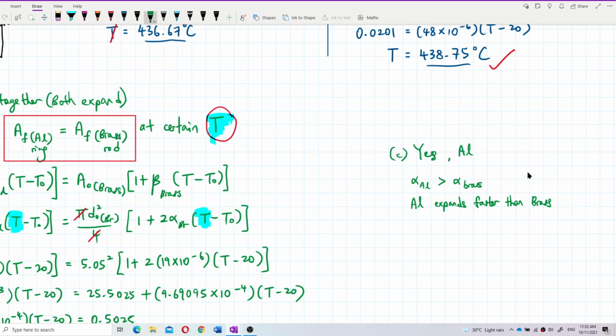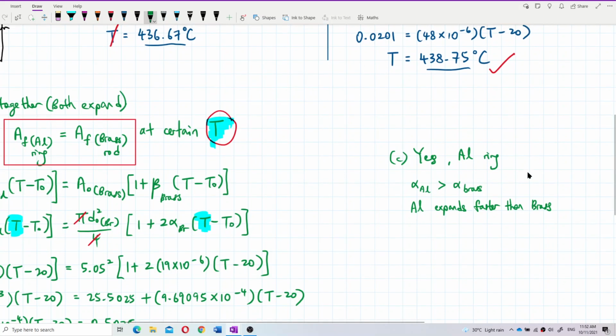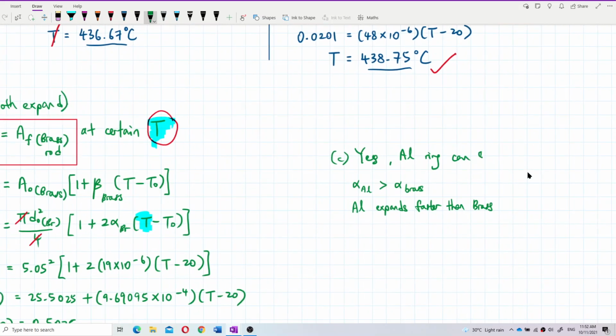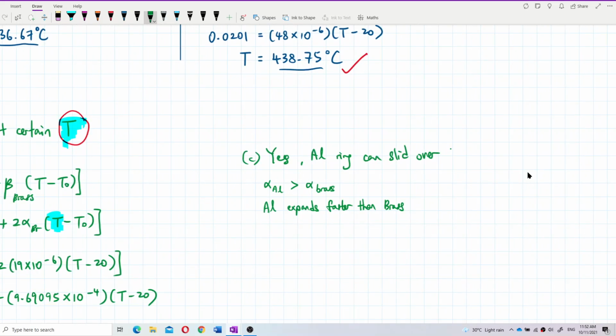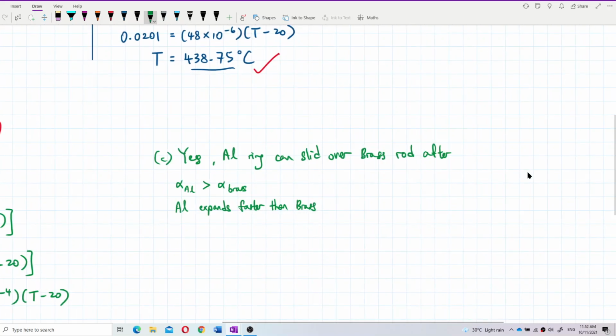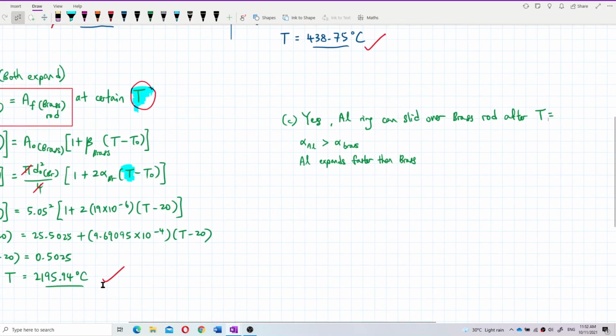The aluminium ring can slide over the brass rod after the temperature, which is 2195.94 degrees Celsius.